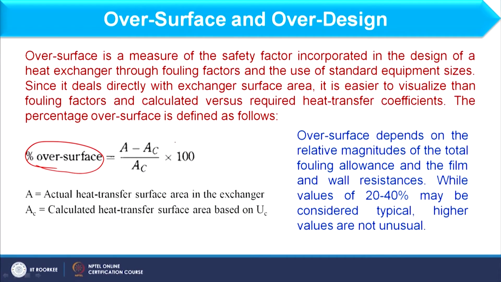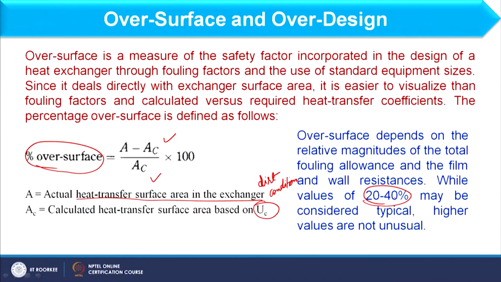We can consider this expression: A minus AC divided by AC into 100. Okay. What is A? That is the actual heat transfer surface area in the exchanger. Actual means at dirt condition. So, AC means calculated heat transfer surface area based on UC, that is the clean overall heat transfer coefficient.